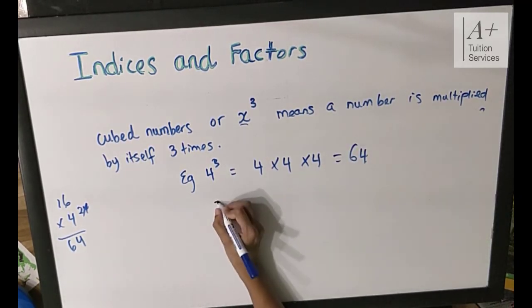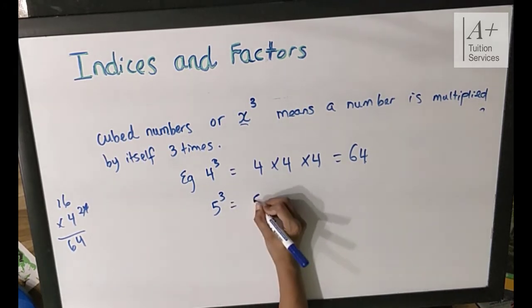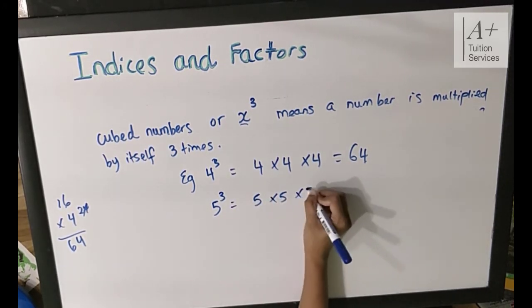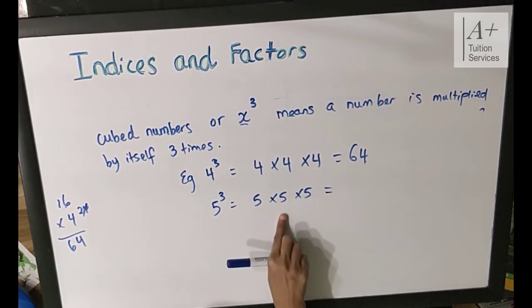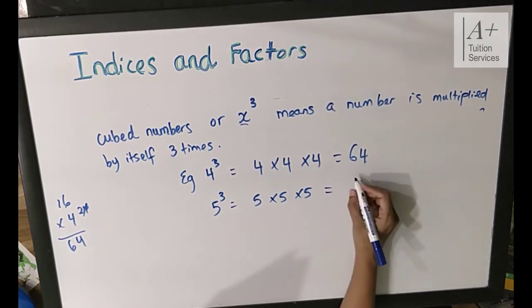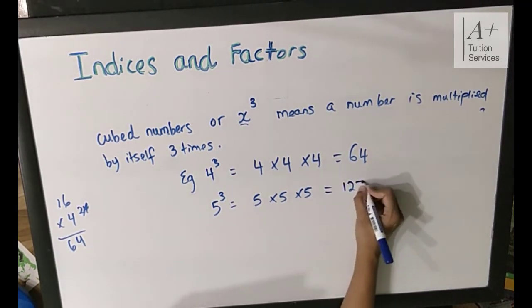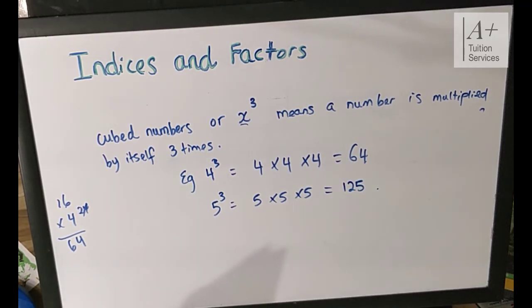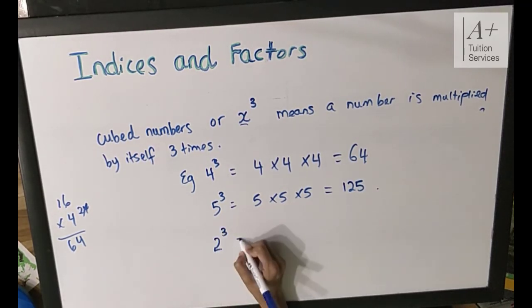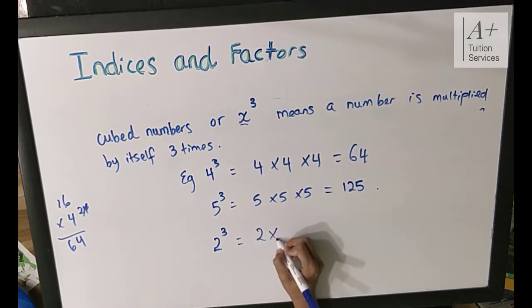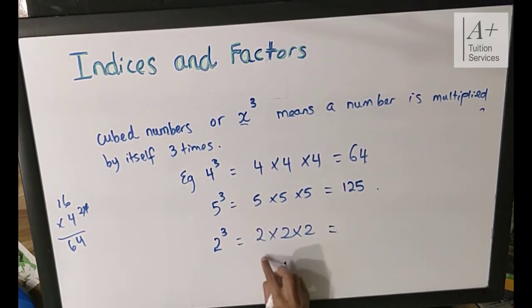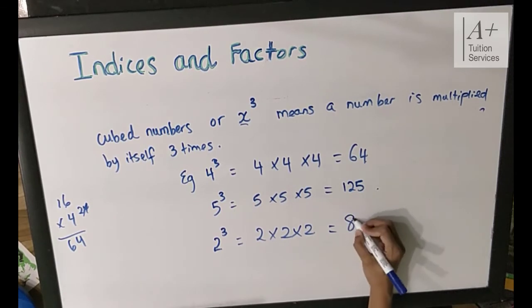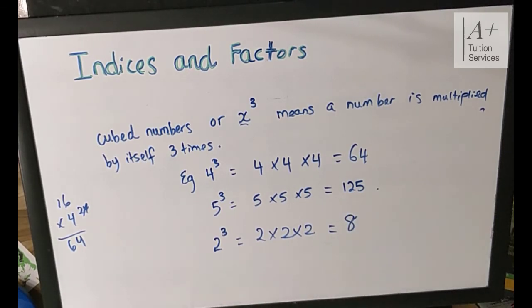If I have 5 cubed, it means 5 multiplied by 5 multiplied by 5, which is 25, and 25 by 5 is equal to 125. Now if I have 2 cubed, it means 2 multiplied by 2 multiplied by 2, which means 2 by 2 is 4, by 2 is equal to 8. Good? So this was cube numbers.